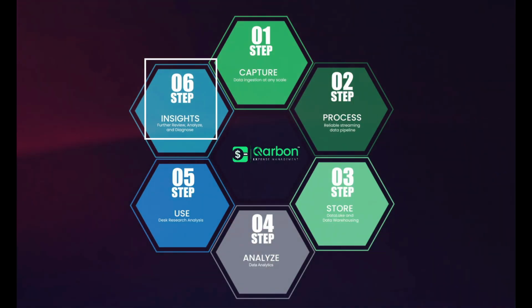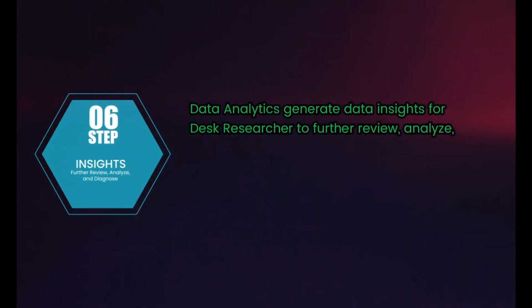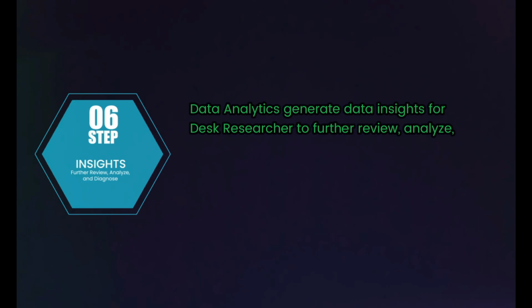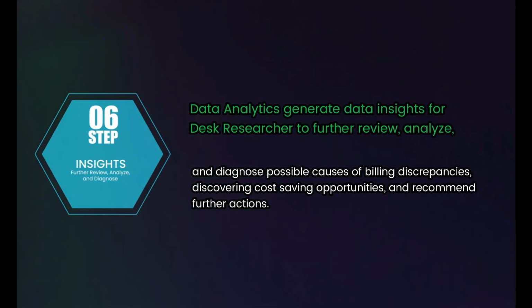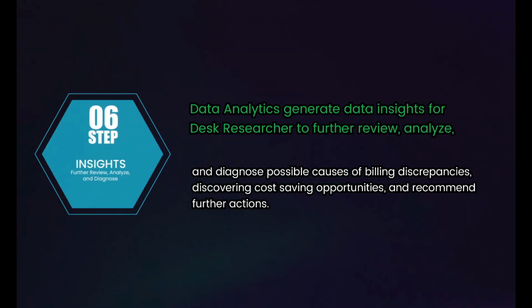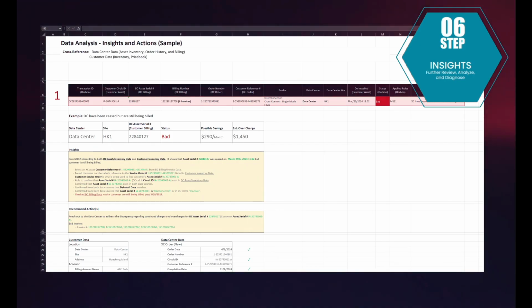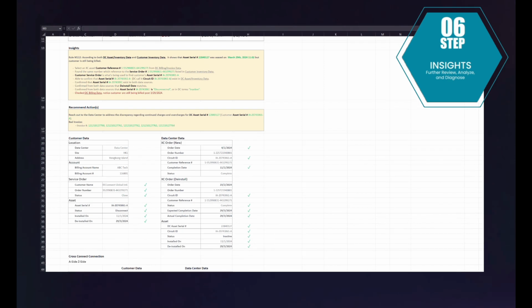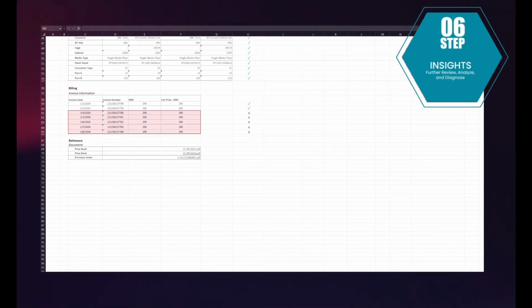In step 6, we look at data analysis. Data analytics generate insights for desk researchers to further review, analyze, and diagnose possible causes of billing discrepancies. This process also helps in discovering cost-saving opportunities and recommending further actions. Insight: in this example, the insight shows that after a step-by-step comparison of the data, discrepancies were identified.